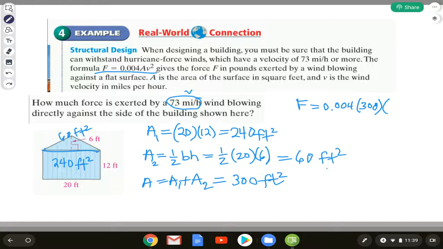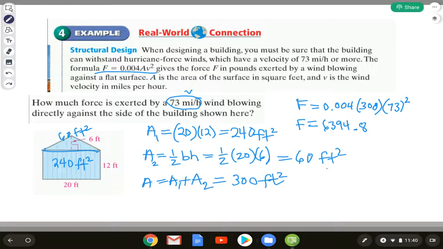And then times my velocity squared. My velocity was 73 squared. If I look at the units when I'm multiplying these things, it ends up giving me a force in the units that I need, but we're not too concerned with the units for force right now. When I multiply all of this out on my calculator, I end up with a force of about 6,400 pounds. It's 6394.8.